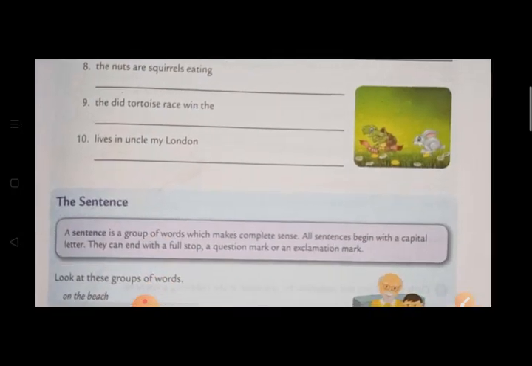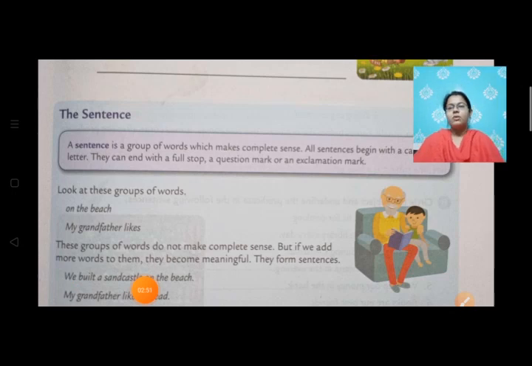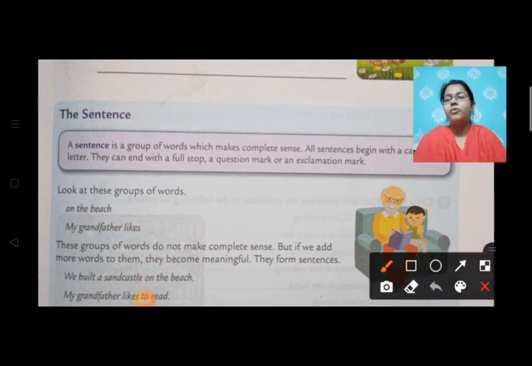And now we are going to start with our main topic, that is subject and predicate. Now students, we have already studied in the previous class that what is sentence normally made up of. Okay, so let's see that. Okay, so students, you need to remember that a sentence is made up of two things.